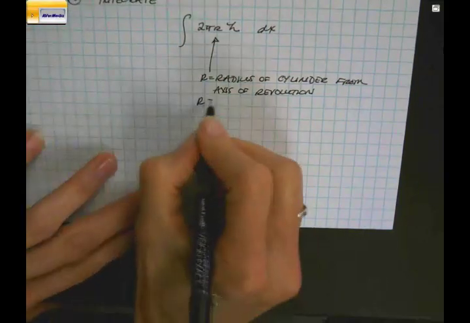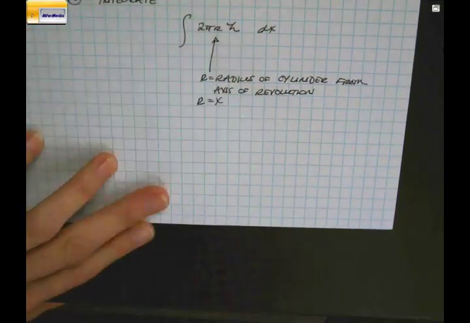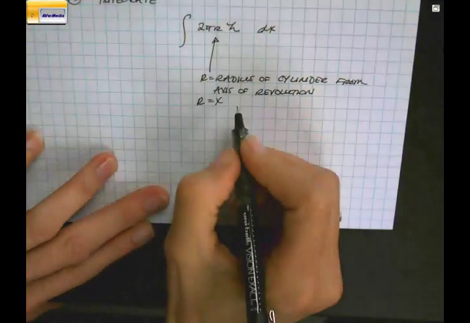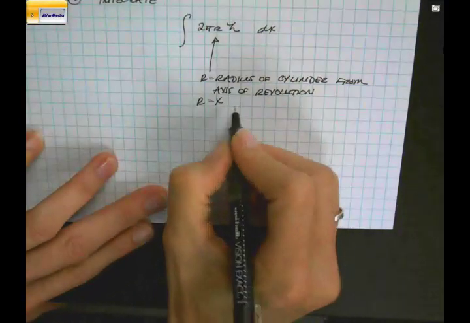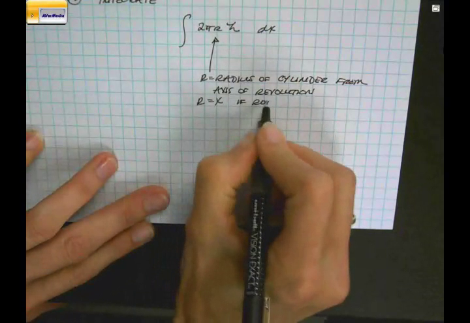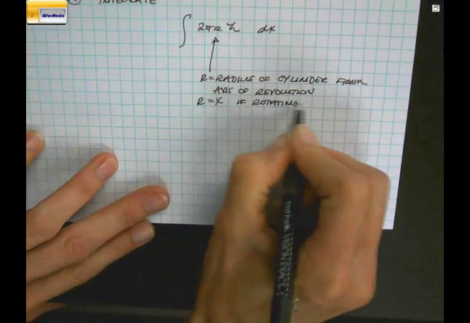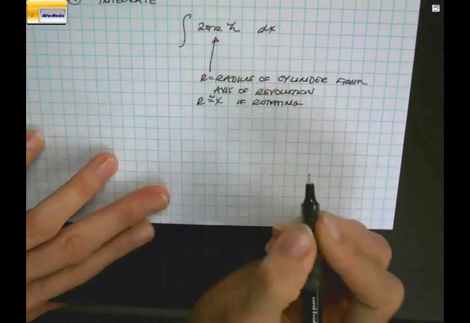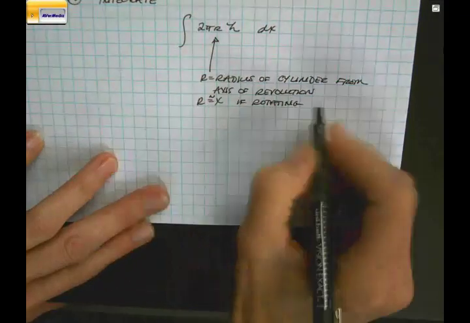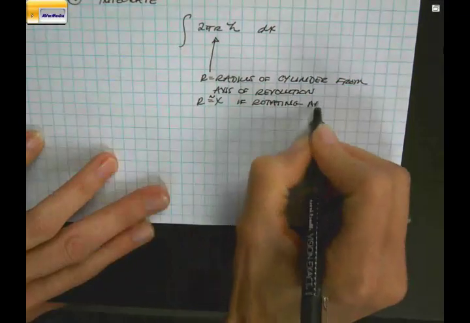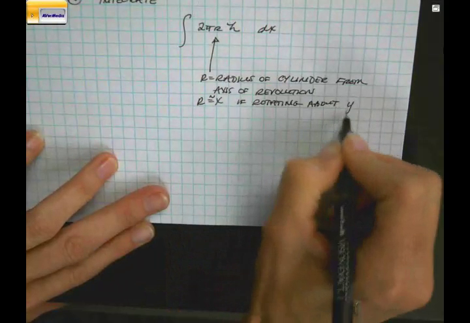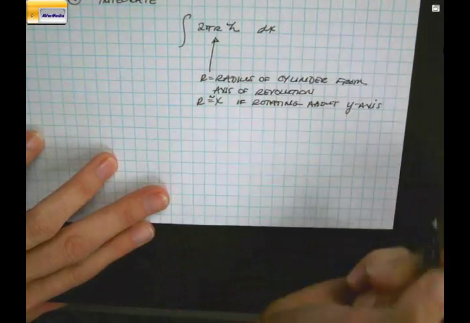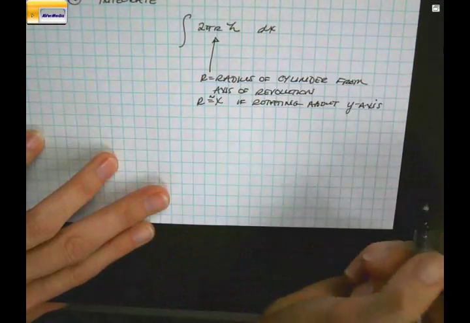The other thing about the radius is the radius will equal x, in most cases, often x, if rotating or spinning about the y-axis.